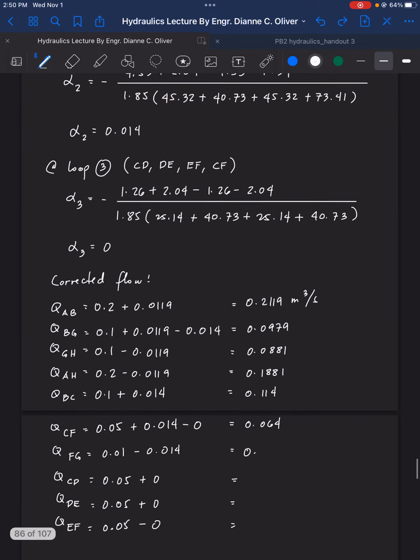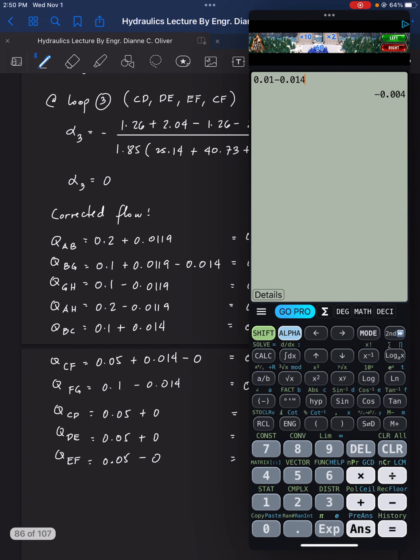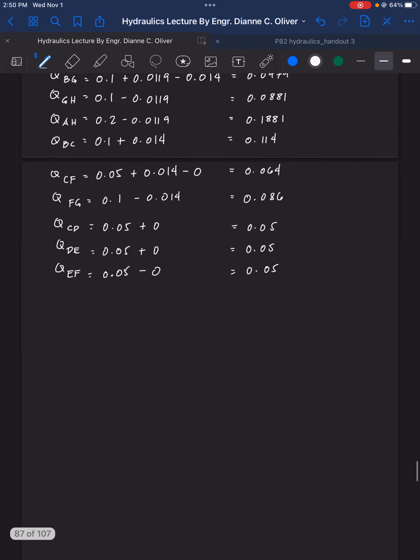Okay, so it should be 0.1. It's not 0.01. So 0.1, 0.086 cubic meter per second, and this is 0.05, 0.05, and then 0.05. Okay. So these are all in cubic meter per second.